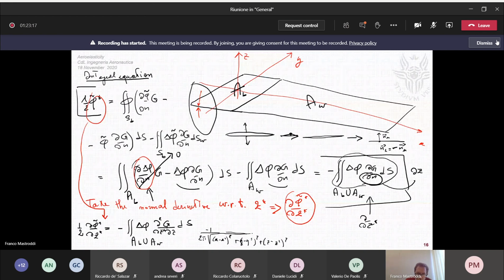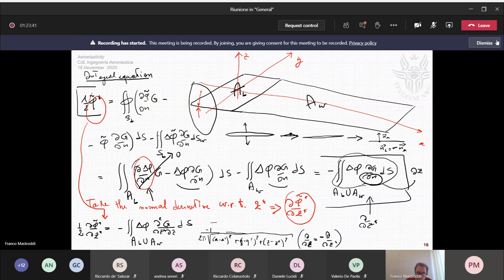So the derivative with respect to zeta is equal to minus the derivative with respect to zeta star, and this is valid for any other space quantity because of this dependency.